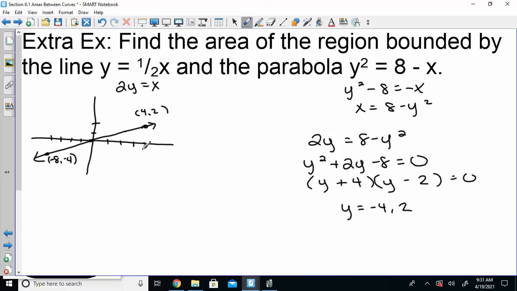And of course, your pictures don't have to be that in depth, just something so you can tell how to set it up. If I put in a 0 here, my y is 0, my x is 8, so you have the point (8, 0) on your graph, if that helps. And then I've got these 2 points, so that's probably enough for me to see that this is a parabola. It looks something like that.